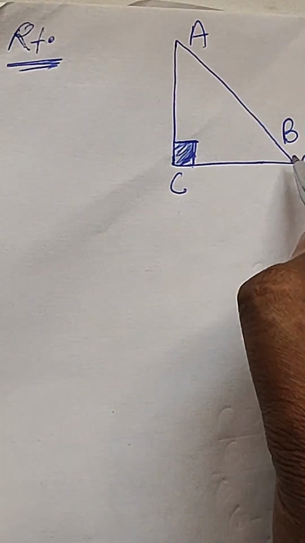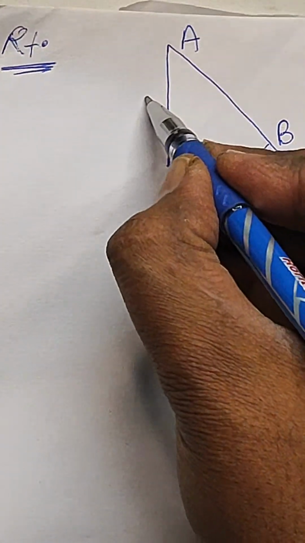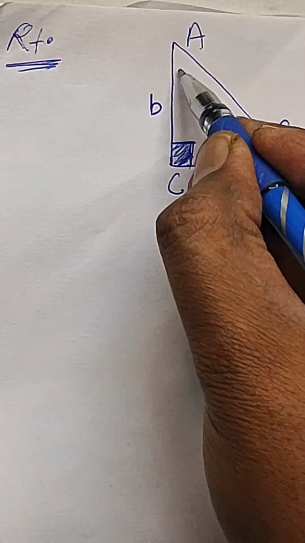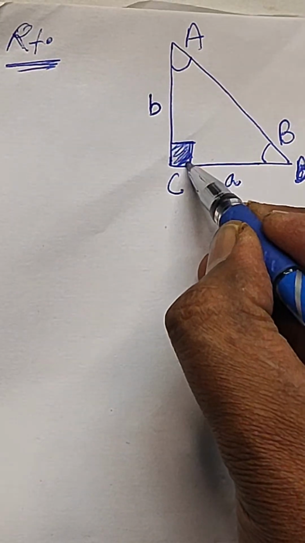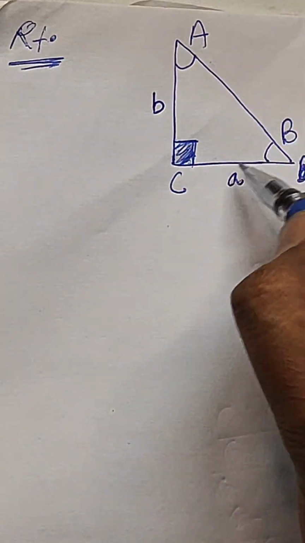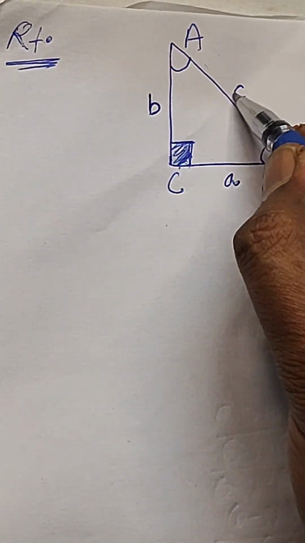And the side opposite to angle B is small b, the side opposite to angle A is small a, and the side AB opposite to angle C is small c, right?